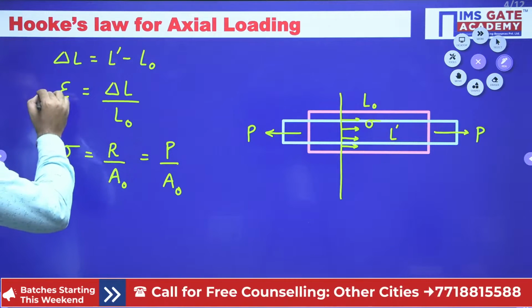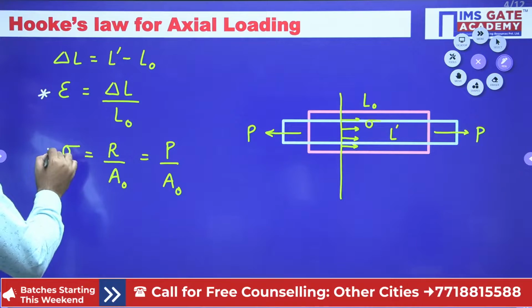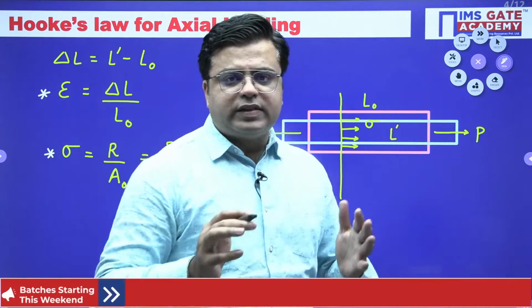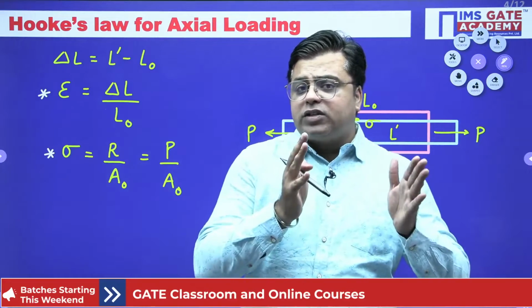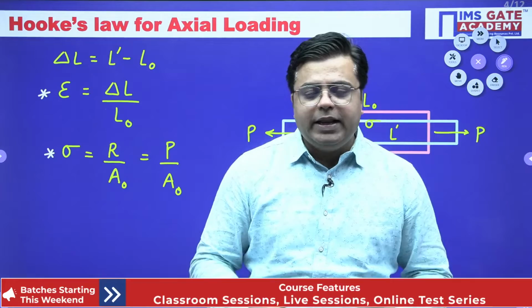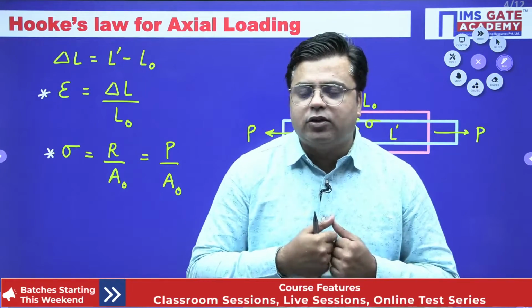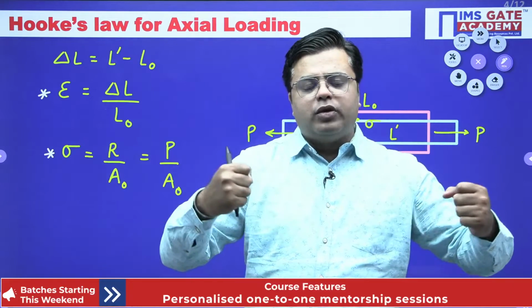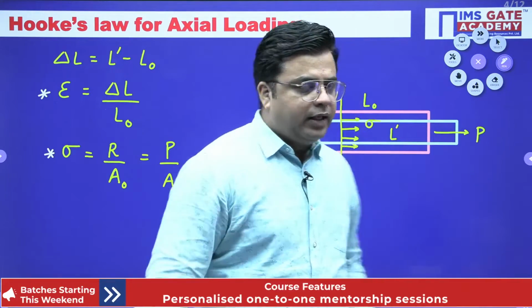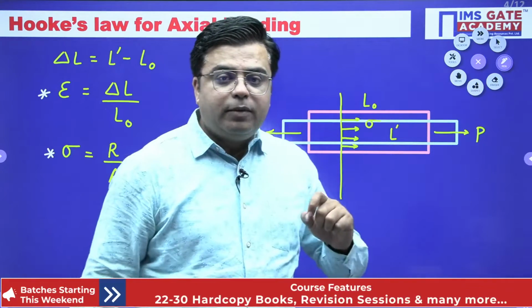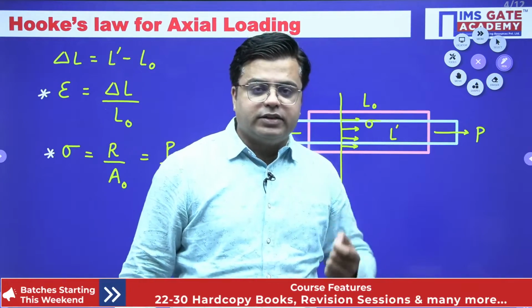Between these two, strain and stress, Hooke has given one relation. Hooke says that stress is directly proportional to strain. Even if you use common sense, if a body is getting more and more deformed, this body will produce more internal resistance.